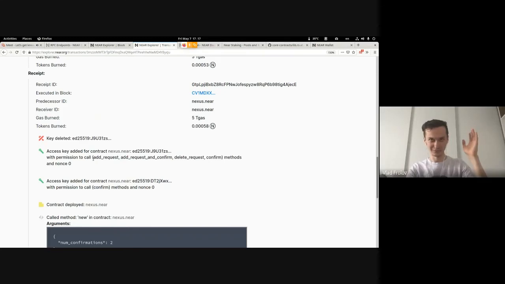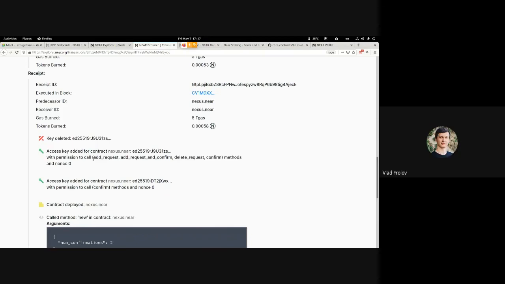I don't recall how exactly multisig is implemented in that regard, but essentially you need to remove these function call limited keys and add the full access keys again. So indeed, you can send a request adding a full access key or whatever you wish.